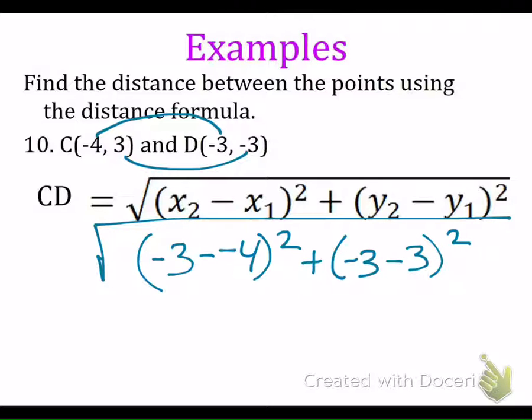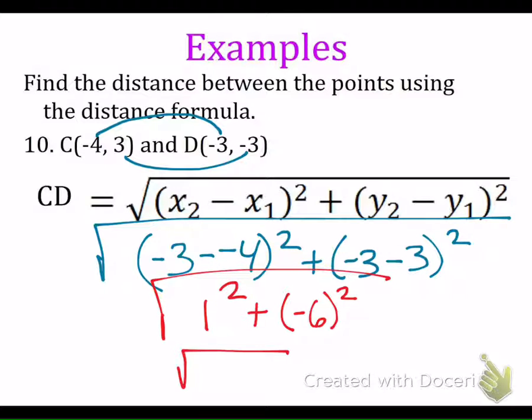All right, so negative 3 minus negative 4 gives me a 1. Square it. Negative 3 minus 3 is negative 6. And I square it. What is 1 squared? 1. What is negative 6 squared?